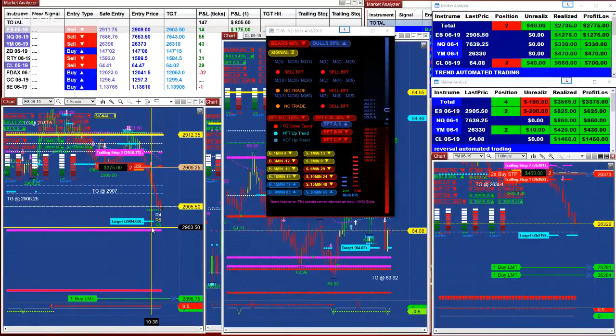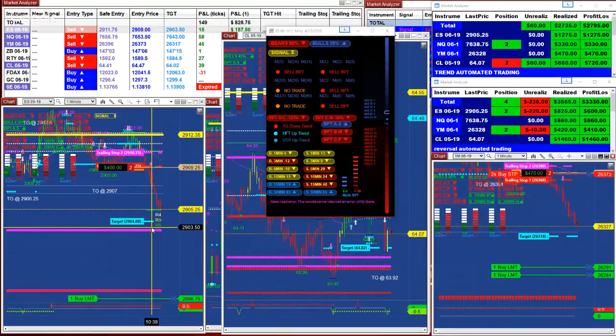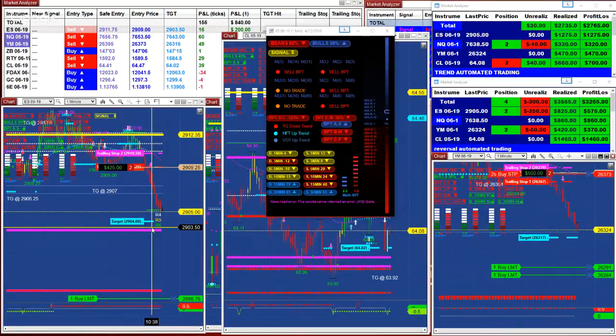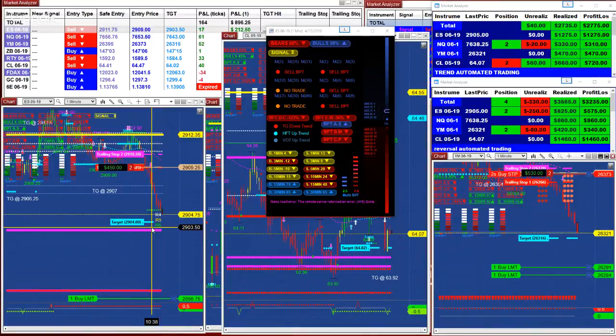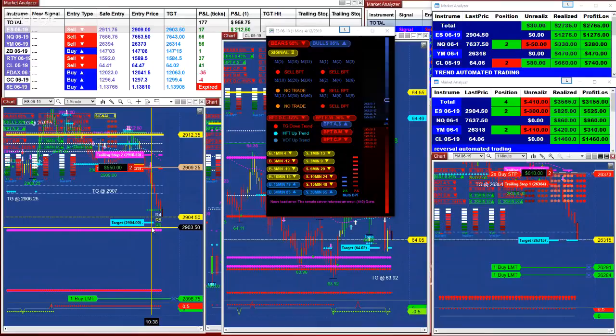We have a reversal fired at this projection. Let's see if we can get the 903.50. There we go.